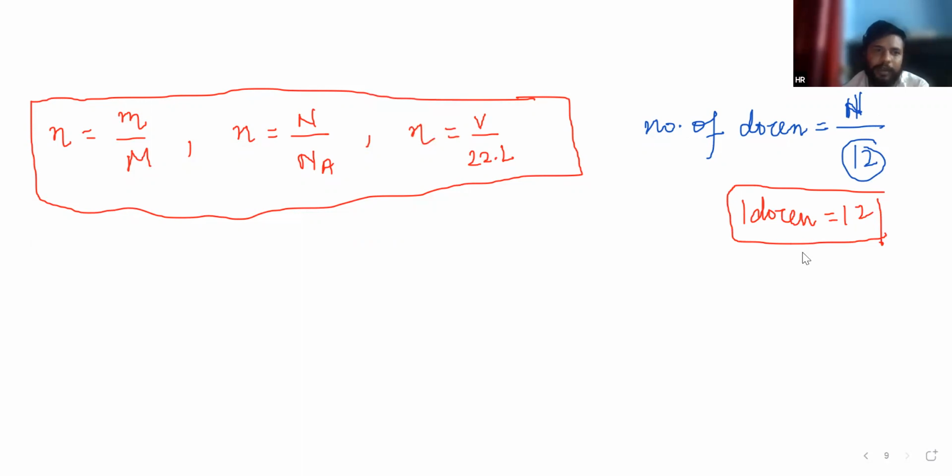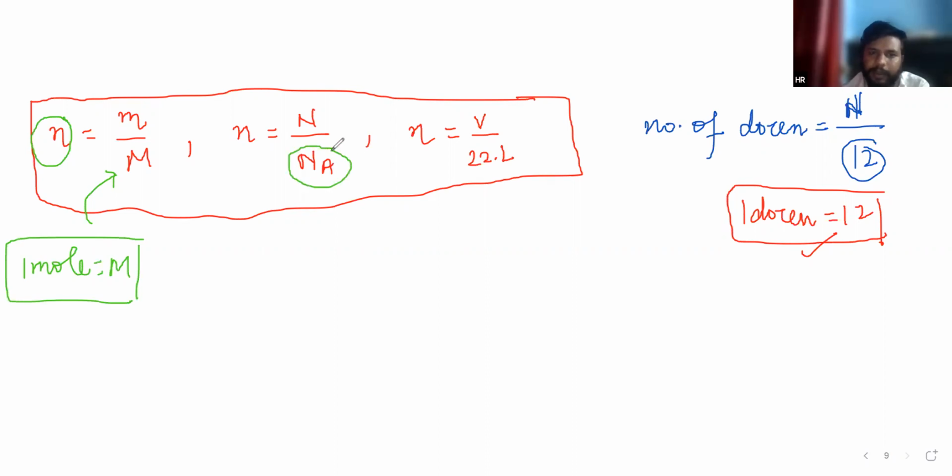In the same way, if we are calculating number of moles and we are dividing by molar mass, that means 1 mole is equal to that molar mass. Also, we divide by Avogadro number, so you already know 1 mole is equal to Avogadro number.